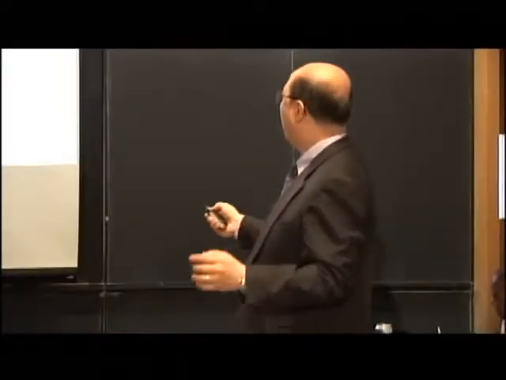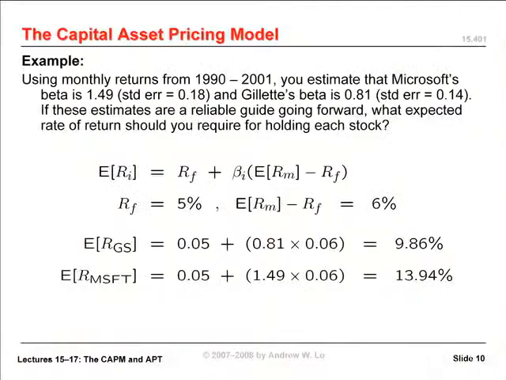Okay, if you agree with the betas, then it turns out that we can actually calculate the required rate of return for each of these two stocks. So if you assume that the risk-free rate is 5%, which is what it was about in that period, right? Not today, obviously, but back in that period, it's about 5%.